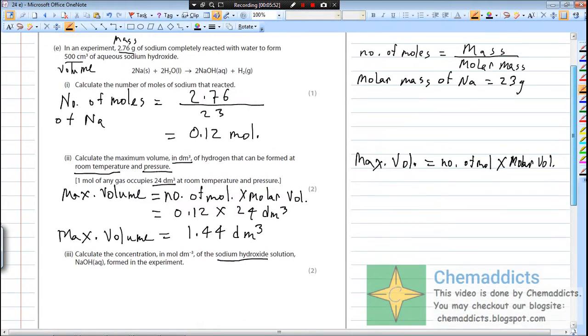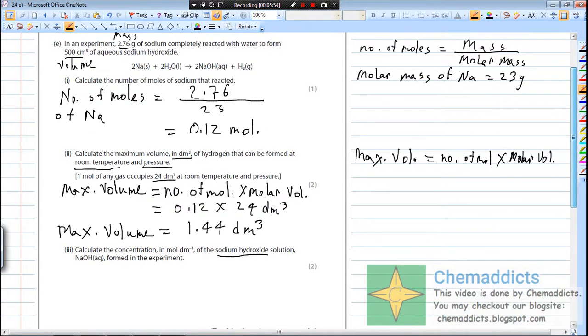So in here we just use the mole ratio. At first let us write the number of moles of sodium, which is 0.12 mole.